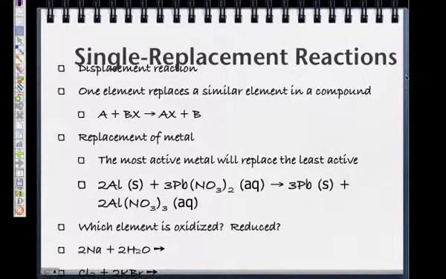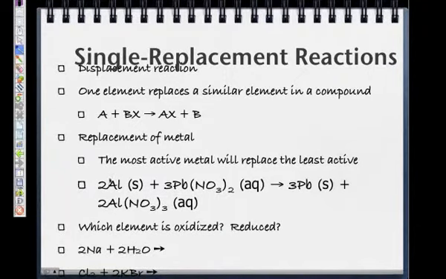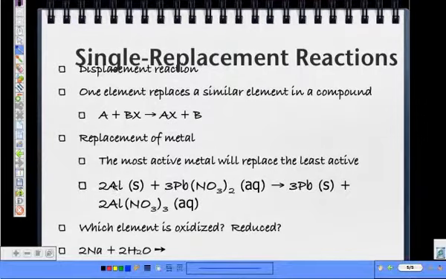Let's figure out which one's oxidizing. Let's figure that out for that aluminum problem. So what's the aluminum's oxidation number here? 0. It's in its free elemental form. How about here?